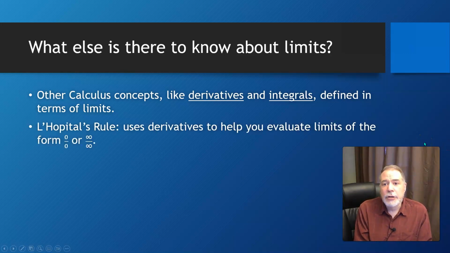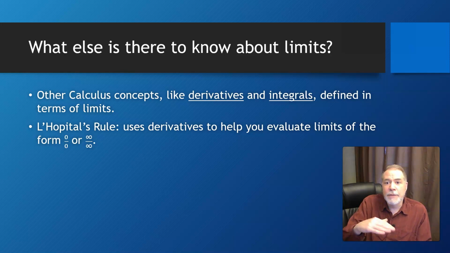If you take enough calculus, you will probably eventually encounter something called L'Hopital's rule, which is a way of using derivatives to help you evaluate limits of the form 0/0 or infinity/infinity.